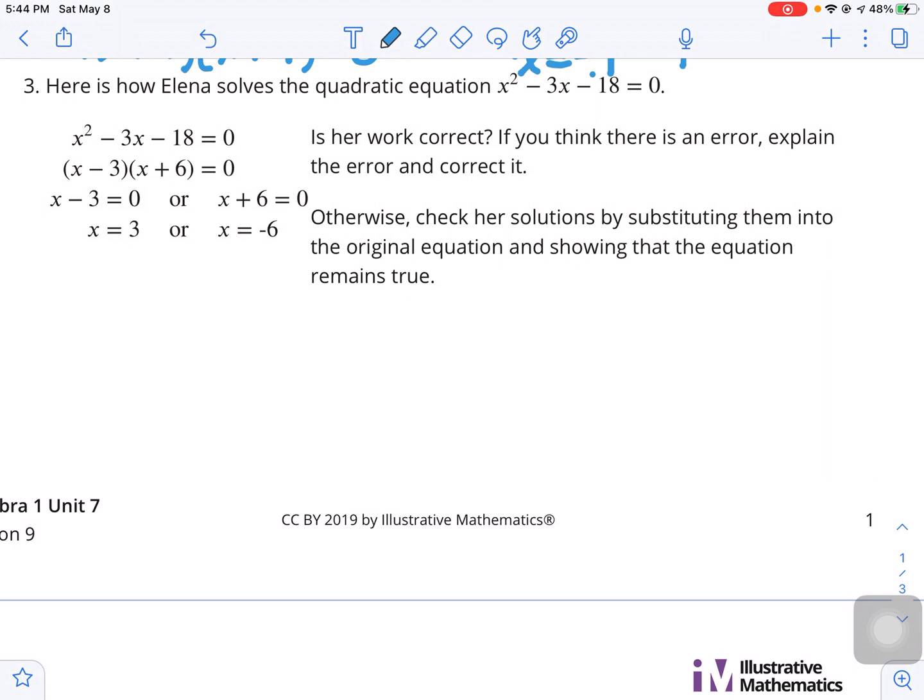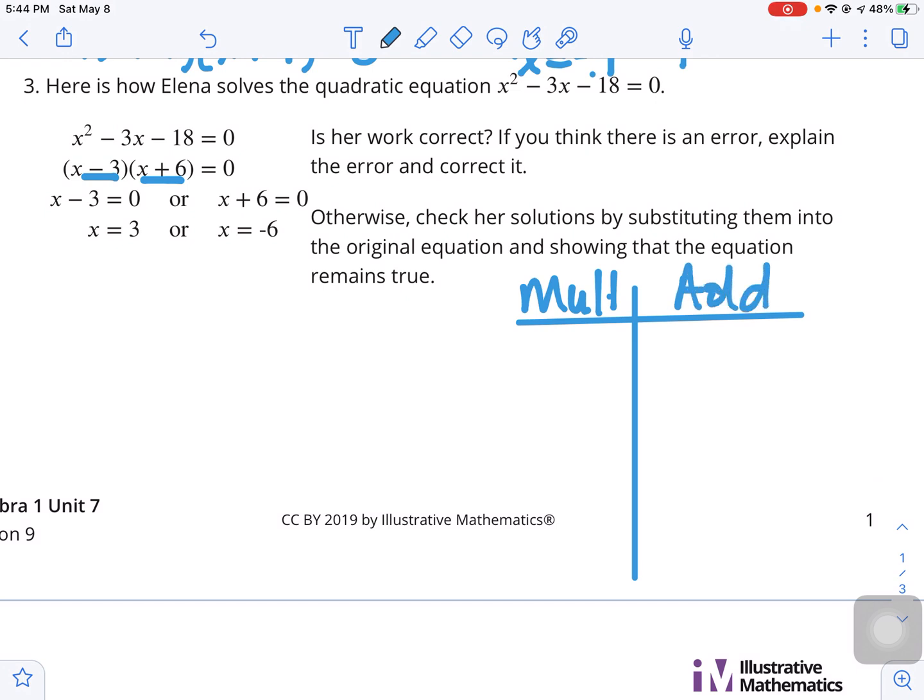Right here, this factors, when she made her chart and she multiplied on this side and added the two factors together on this side, we want to multiply and get negative 18 and add and get negative 3.